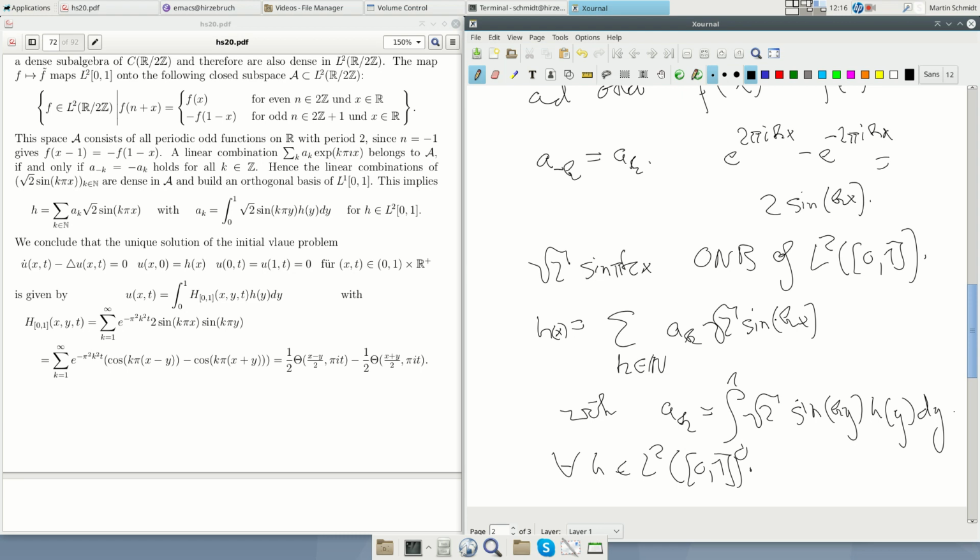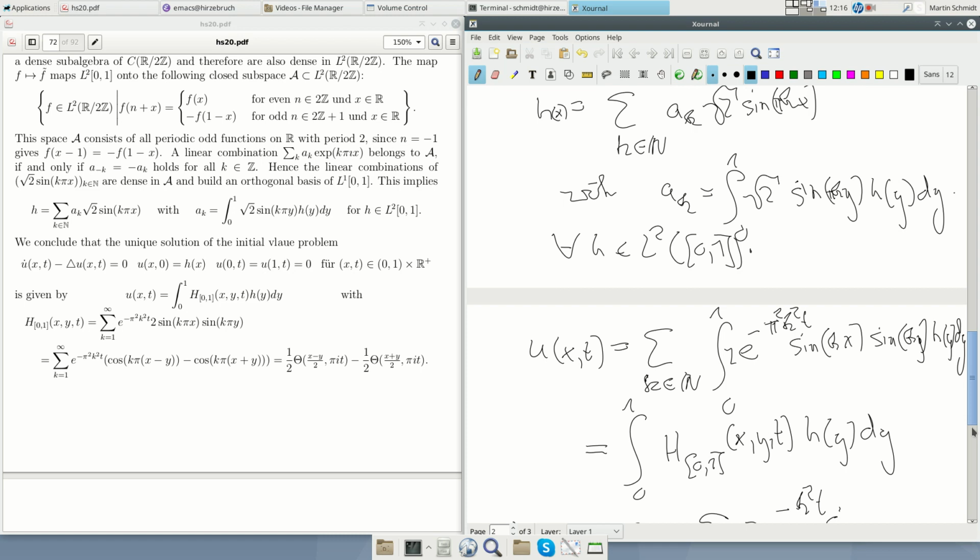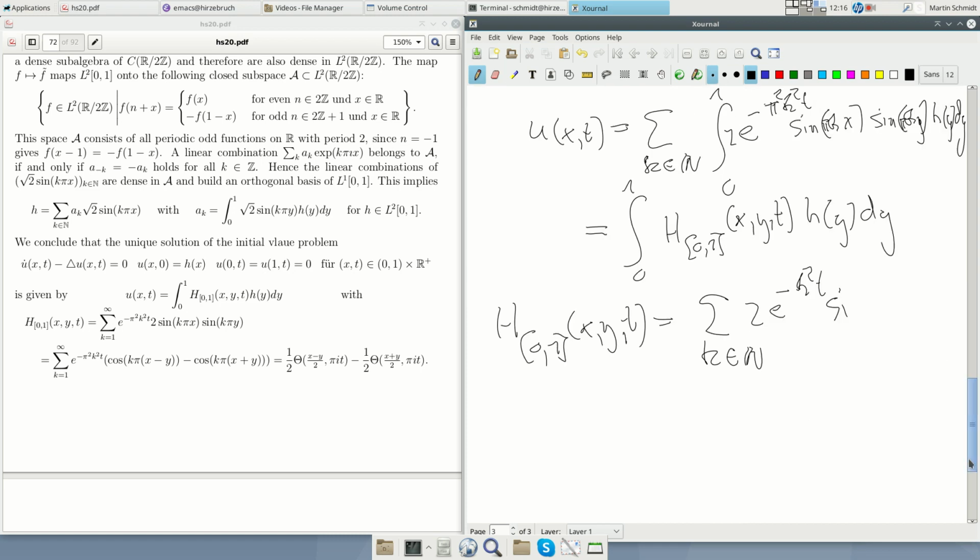Here is missing a pi, and here is missing a pi, and here too. And then we get minus pi squared k squared t, sine of k pi x sine of k pi y.